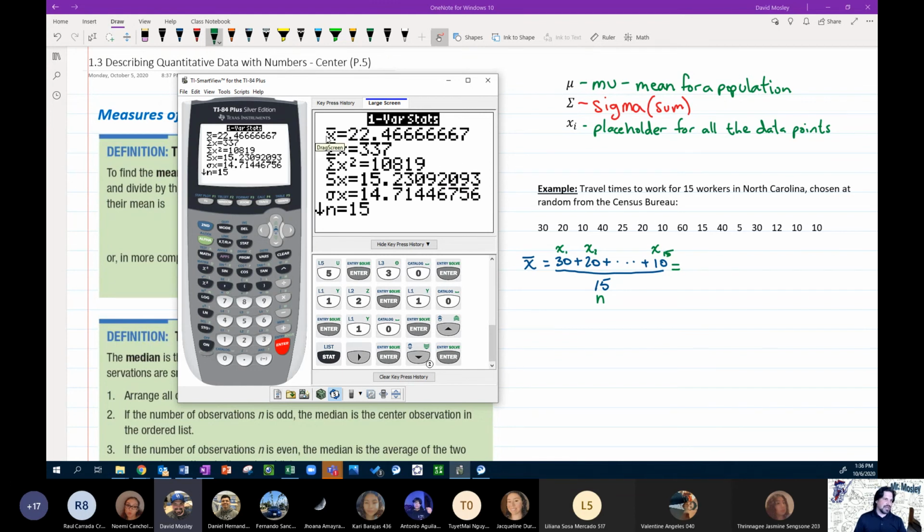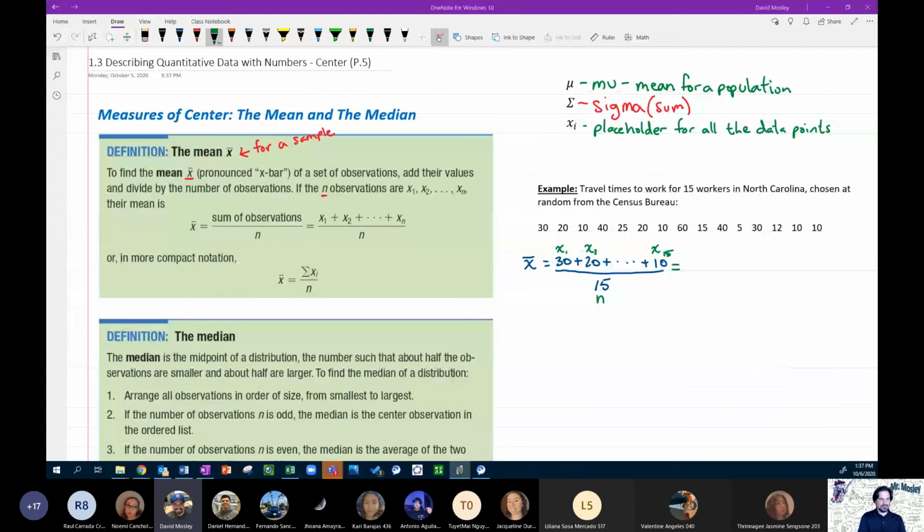The very first item is X bar. Excellent. That's what I want. That's my average, 22.466666. We'll round it to 22.5, right, just for the sake of not writing all these decimals. So I'm going to move this off the screen. And our mean is 22.5. Excellent. So there we are.